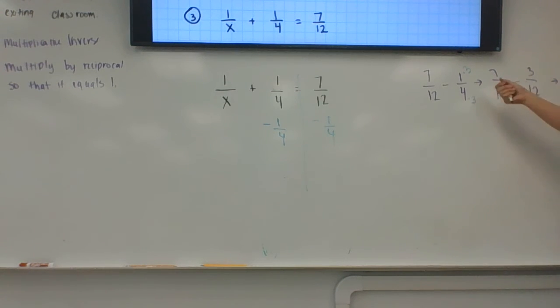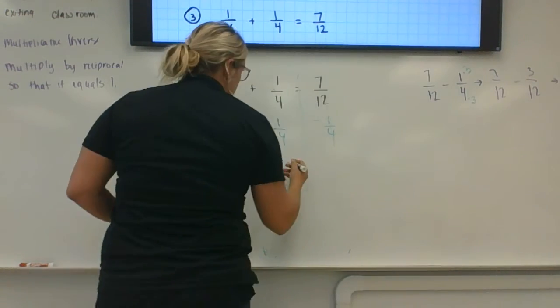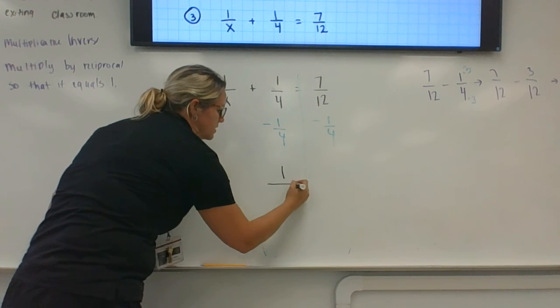So this is 7/12 minus 3/12 will give us 4/12. And then we can reduce it. We'll divide the top and bottom by 4 to get 1/3. So that was just my sidebar.